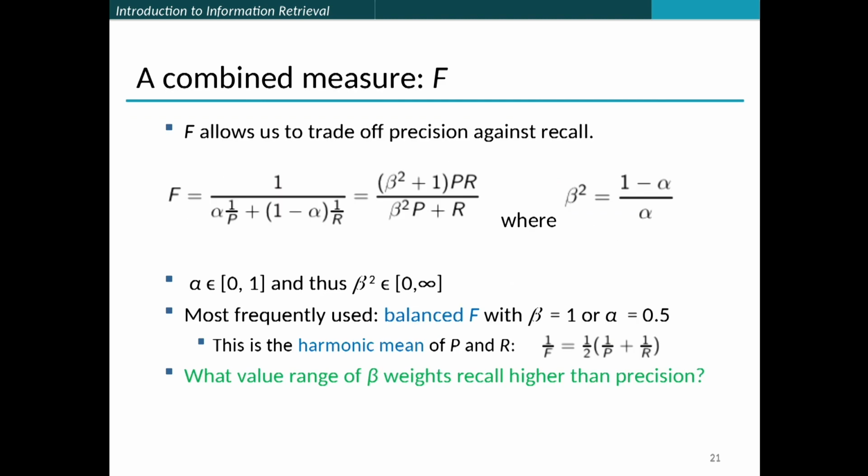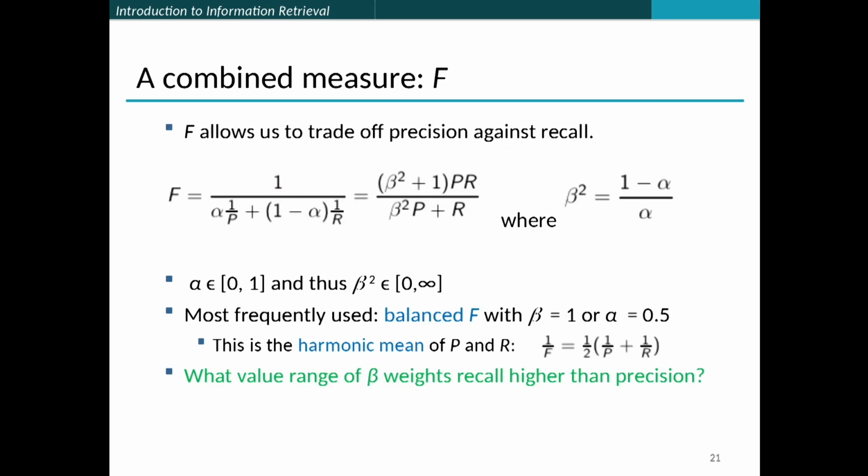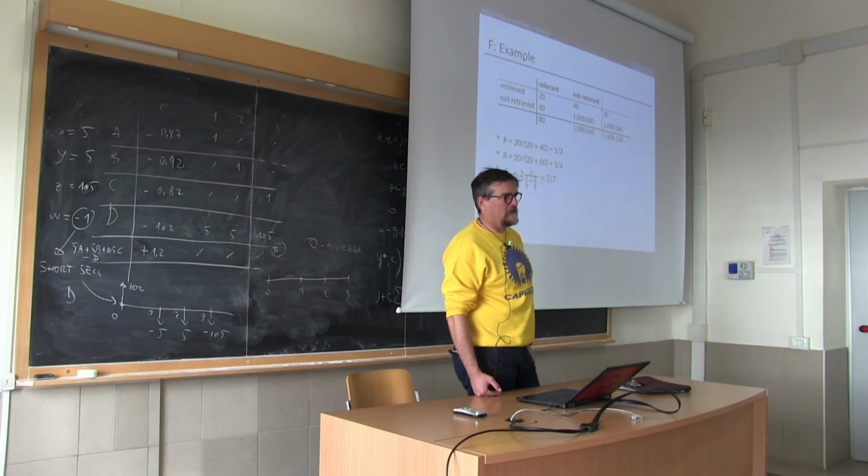Good. So basically, what we can do now, assuming that beta, as in this case, is equal to 1 or alpha is equal to 0.5, we can compute F simply as twice 1 over P and 1 over R. Okay, and this is a combined measure of precision and recall.